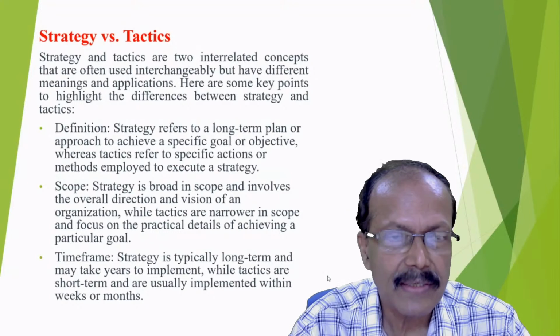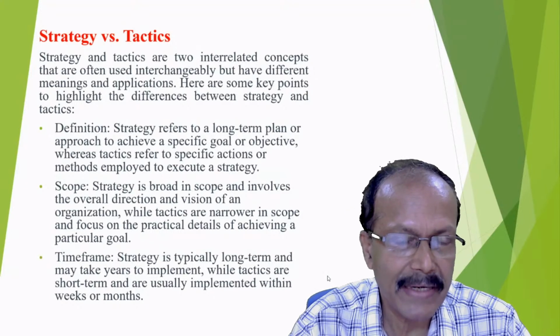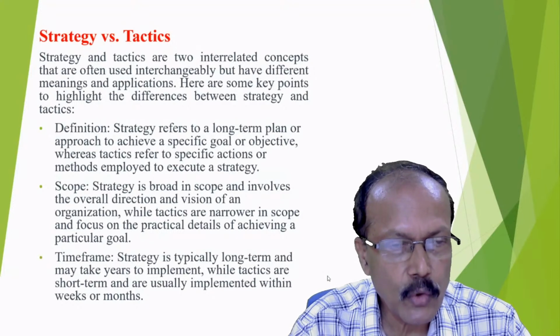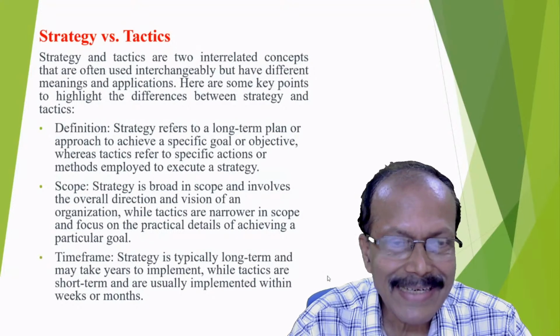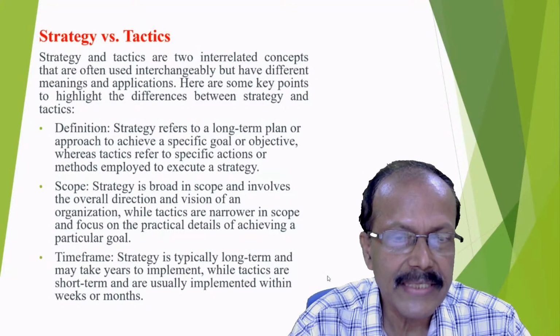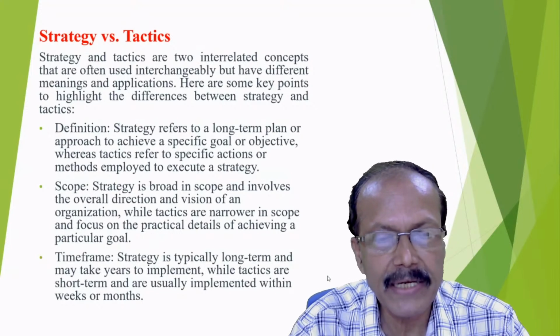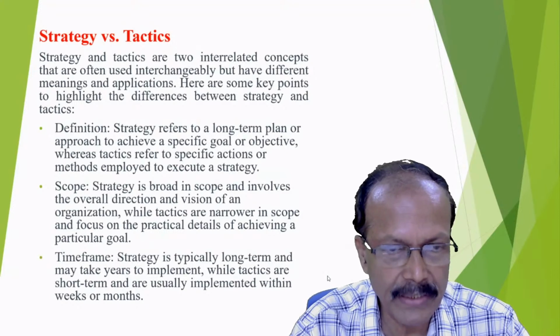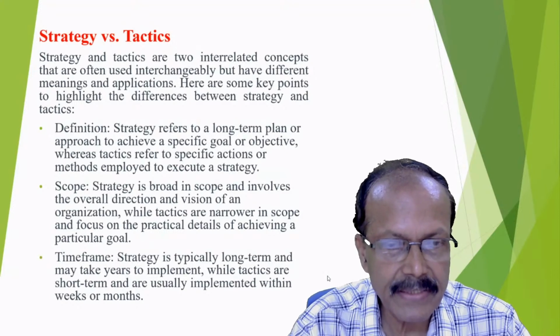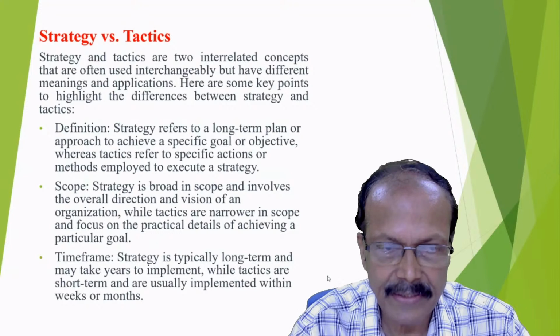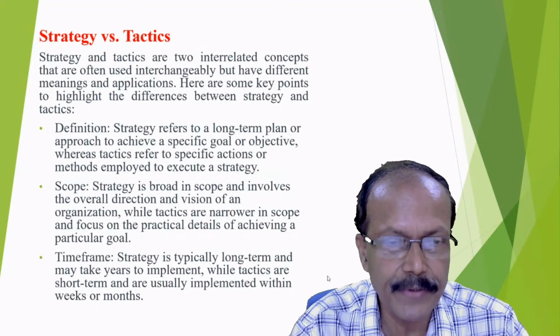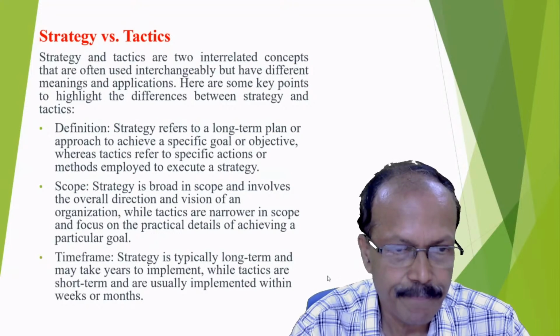So that is done even at the middle management level. With respect to the scope, strategy is broad in scope and involves the overall direction. It shows the direction in which the company has to move and proceed further, and the vision of an organization. That is the future projection, future plan of action.